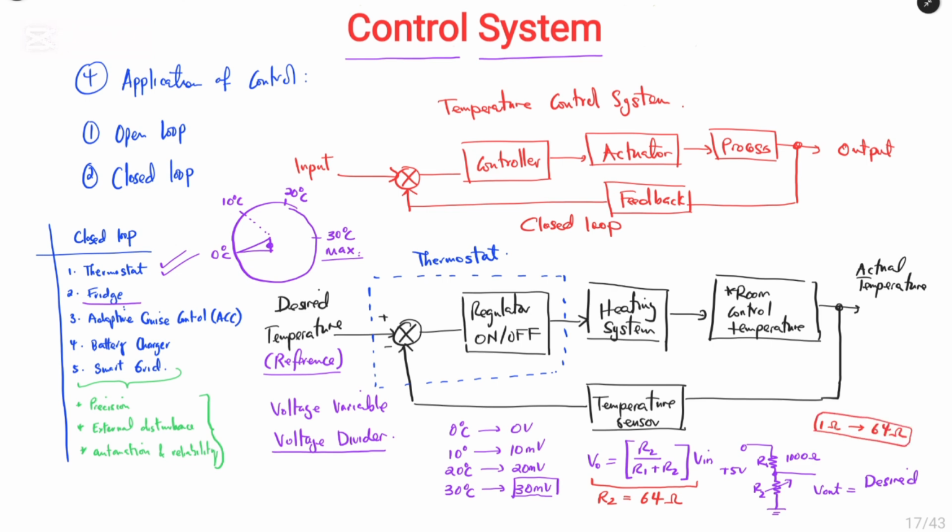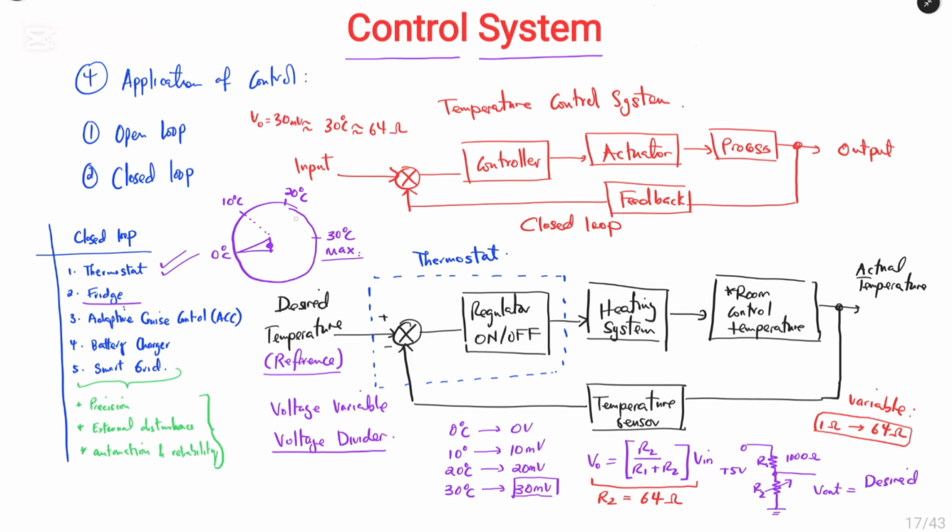And this is our variable resistor that we can use to set the equivalence between the temperature and the voltage. When we turn the knob to the maximum, that means the resistor R2 will be equal to 64 ohms, which is equivalent to 30 degrees Celsius, and it is equivalent to the V out of 30 millivolts.